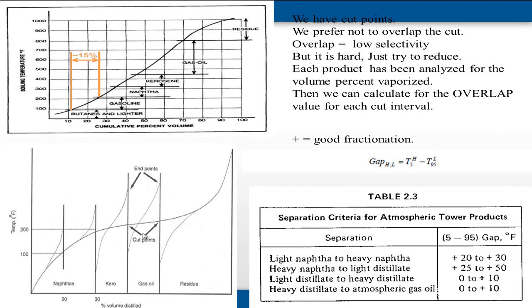The more overlap the product has, the harder it is for the product specification to meet the standard. What it means is that more overlap means low selectivity on the product, and we have to get into the acceptable overlap value as shown in this table.